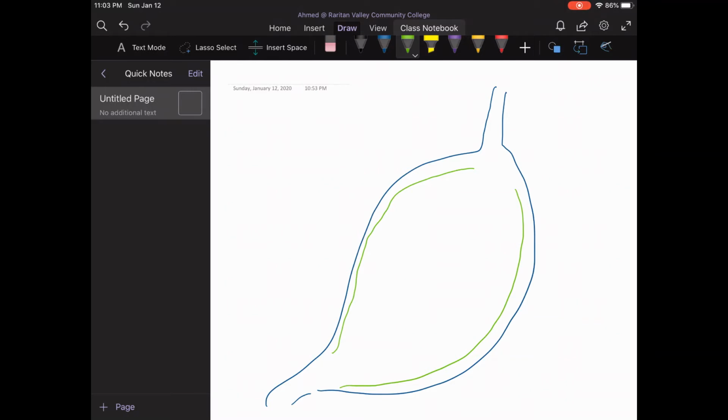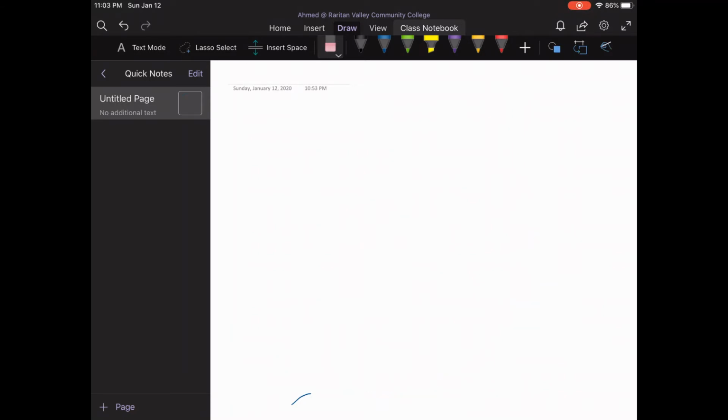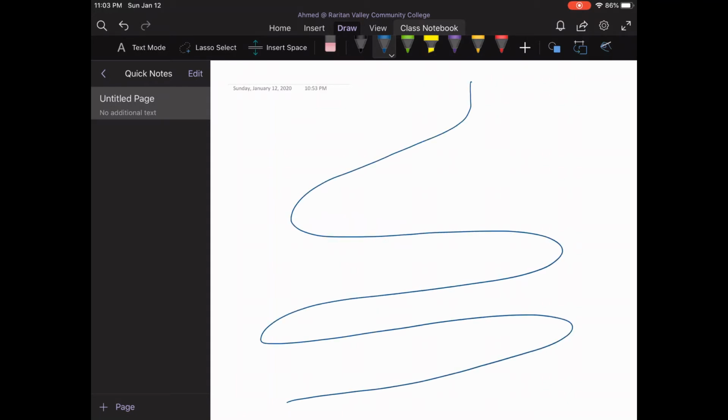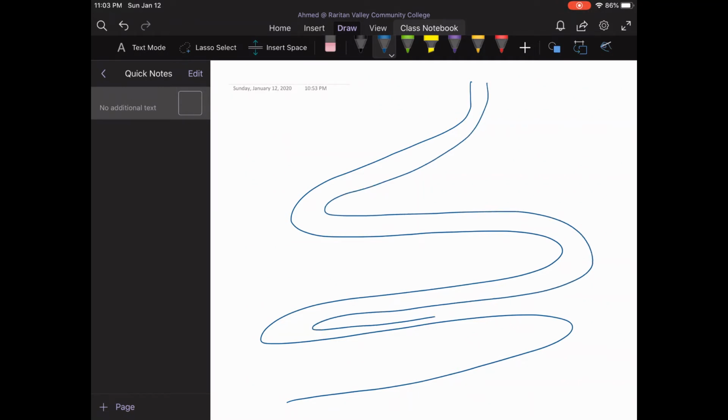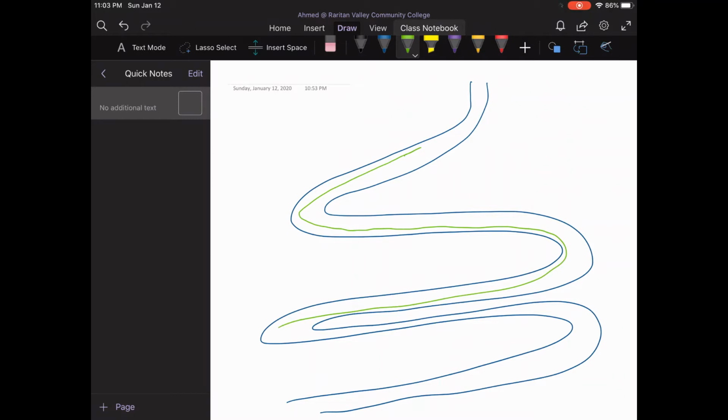Or actually, maybe even a better example is the small intestine. Yes, the small intestine is a far better example. So here, this is the small intestine, and in the lining of the small intestine, as we said, we have epithelial tissue.